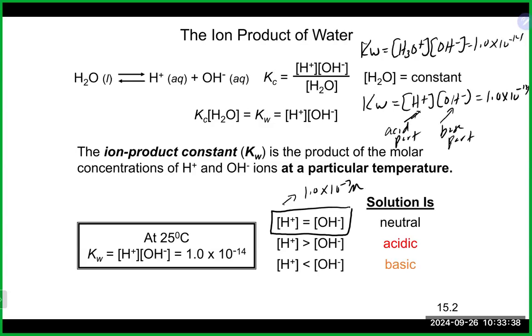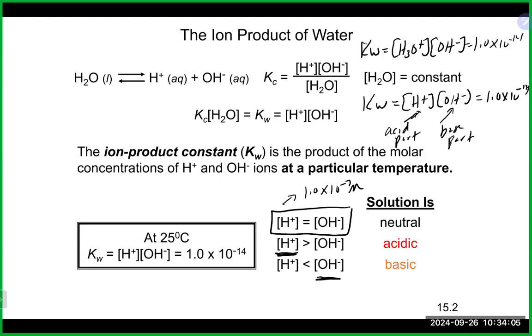That will be a neutral solution. If you calculate the H plus concentration is larger than the OH minus concentration, you very much have more acid floating around there, more H pluses than OH minuses. That's going to make the solution acidic. And the opposite is true if you calculate that there are more OH minus ions in that solution than H plus ions, then it will be basic.